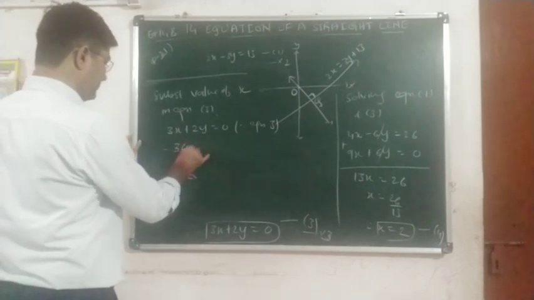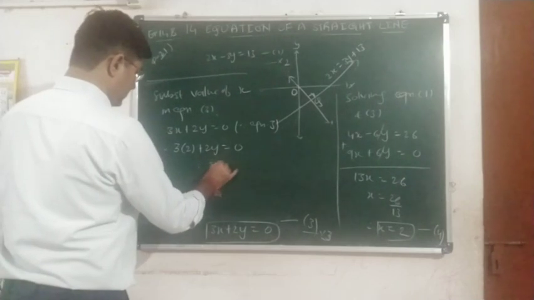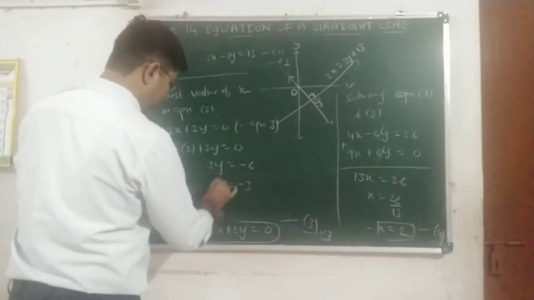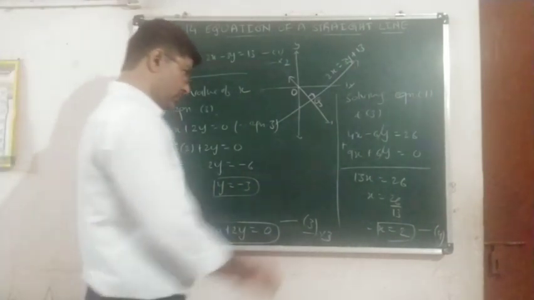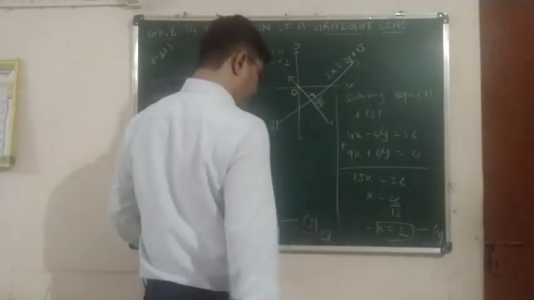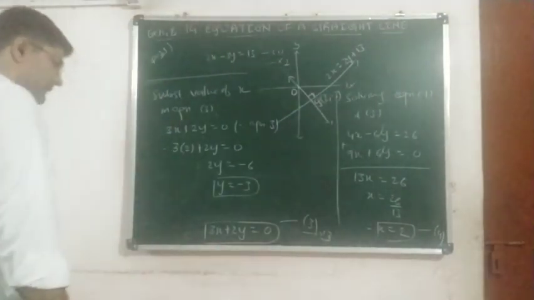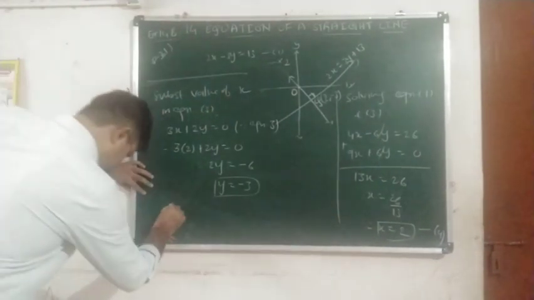So 3 into 2 plus 2y is equal to 0. Therefore 2y is equal to minus 6. Therefore y is equal to minus 3. So the coordinates of point Q are 2, minus 3. Clear?